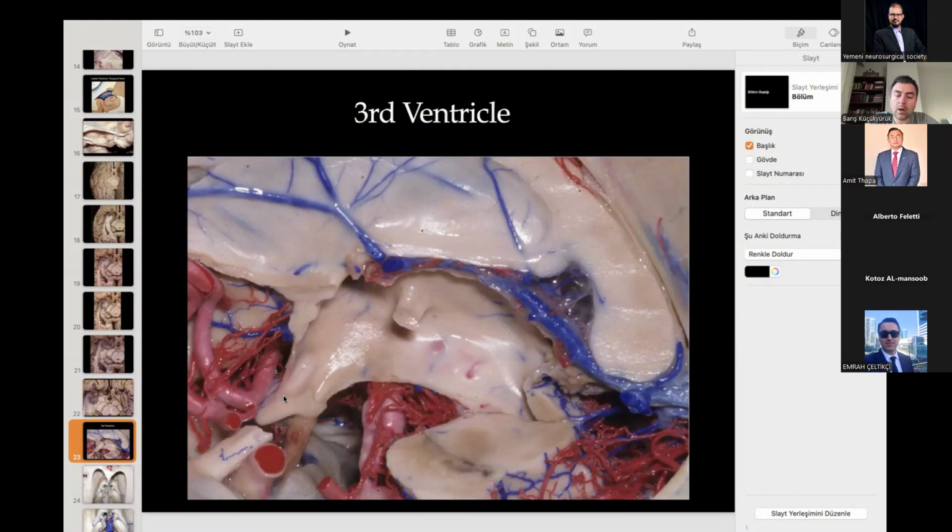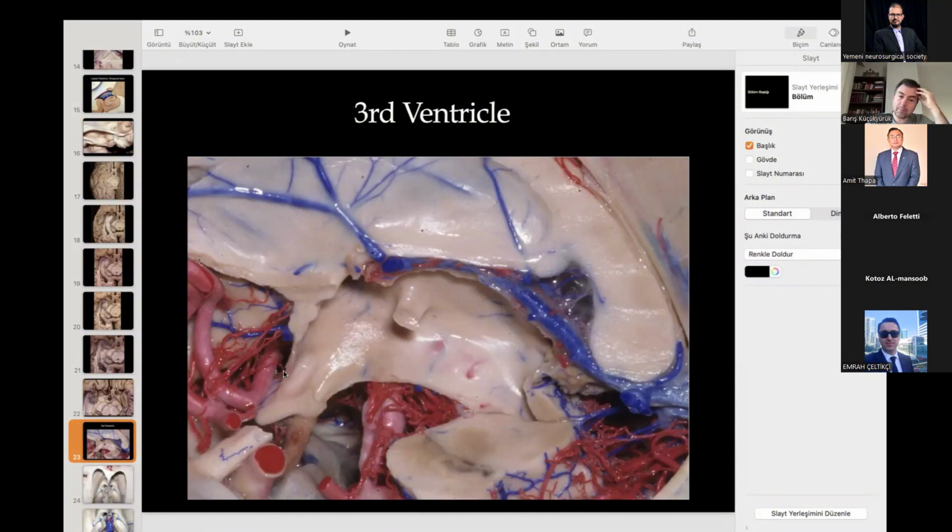The above one is named the optic recess. The below one is called the infundibular recess. We can remember that the infundibulum connects here and becomes the infundibular recess, and the optic nerve connects here and becomes the optic recess.